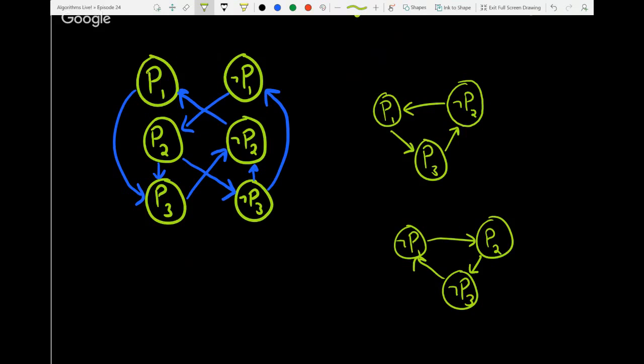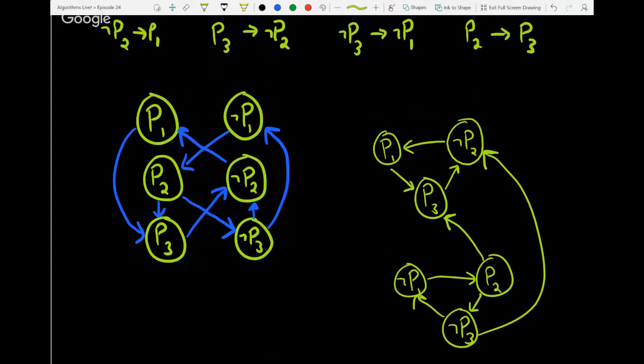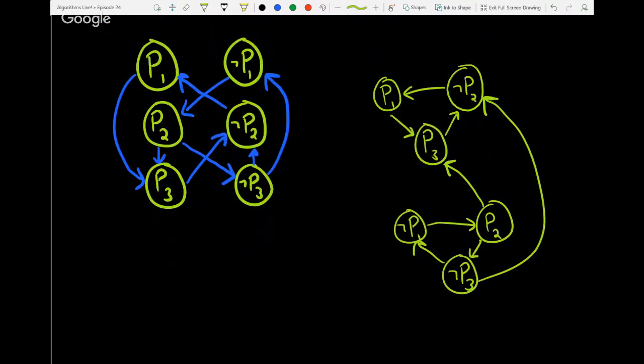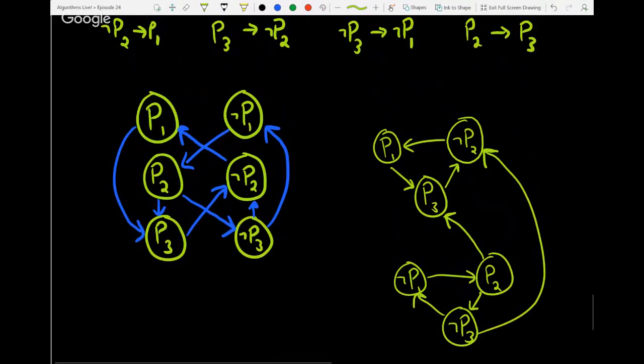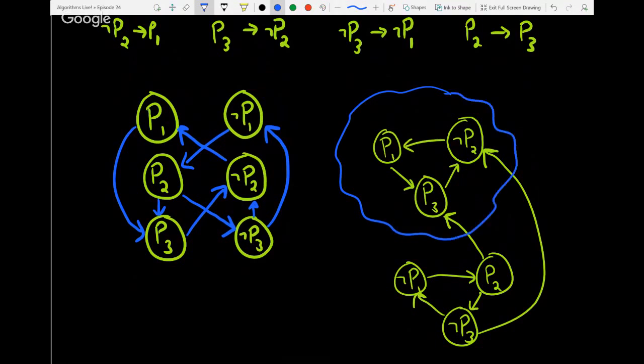And then there are some things I'm missing. So P2 goes to P3, not P3 goes to not P2. Four, 5, 6, 7, 8. Yep. So they are in separate strongly connected components here. So this one is satisfiable, which for some reason I thought it wasn't.